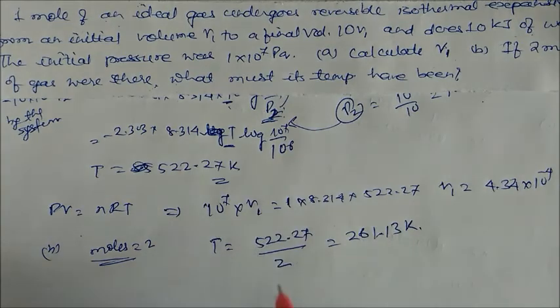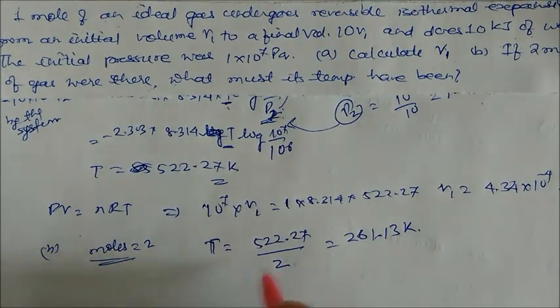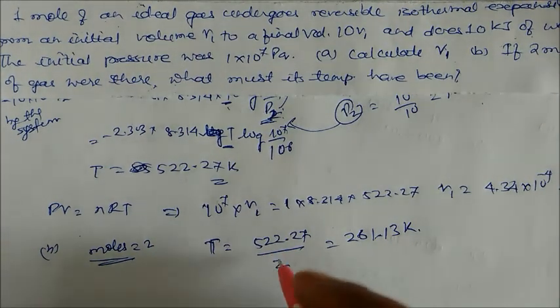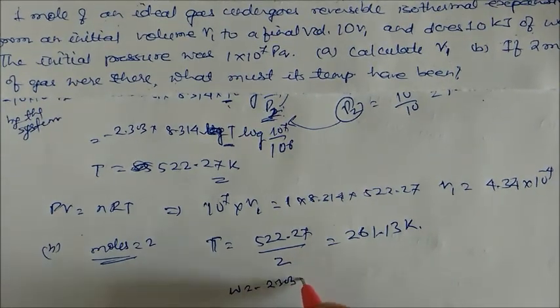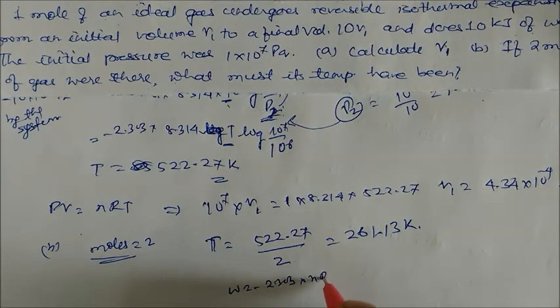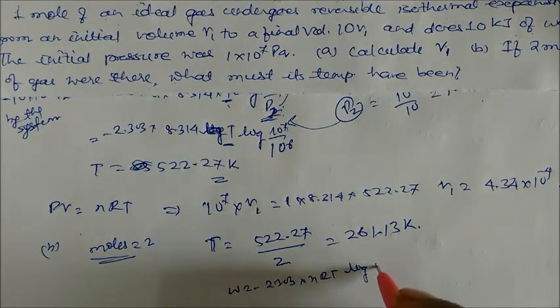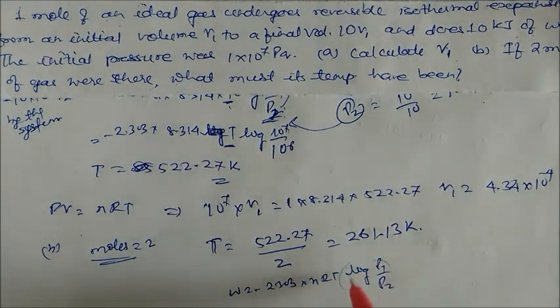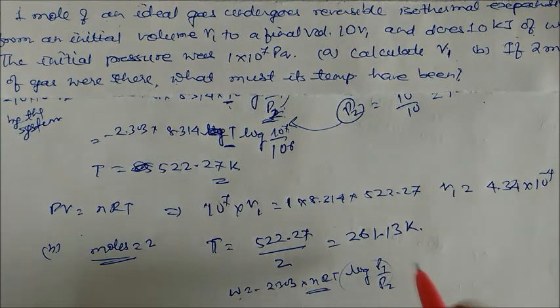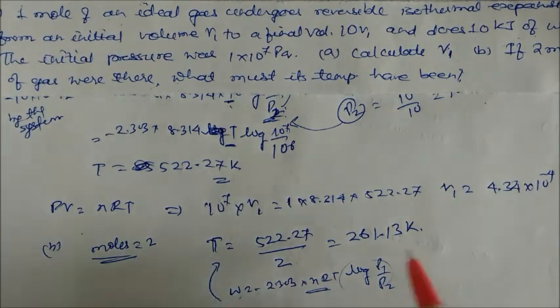Where does this value come from? From here, W equals minus 2.303 nRT log of P1 by P2. In this case this is constant, only this one is changing. So n1 T1 equals n2 T2, and by using this one we get this value. So this is our second answer.